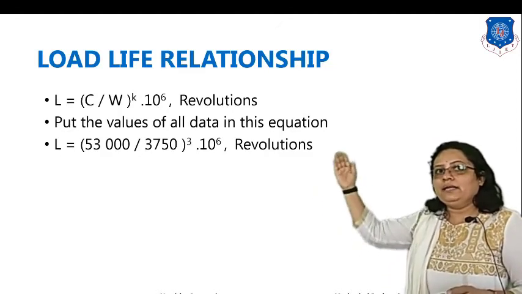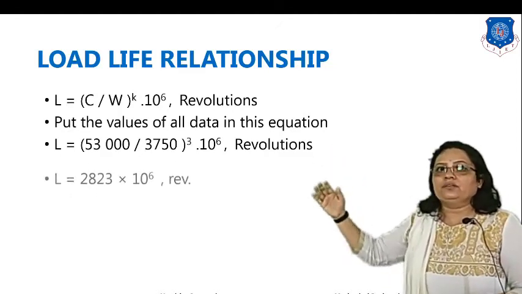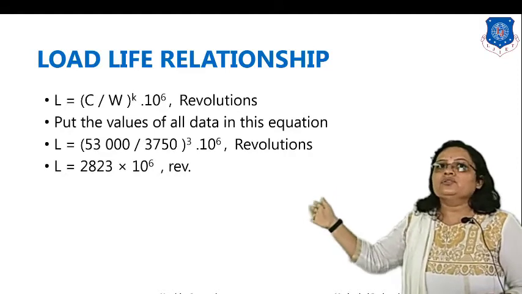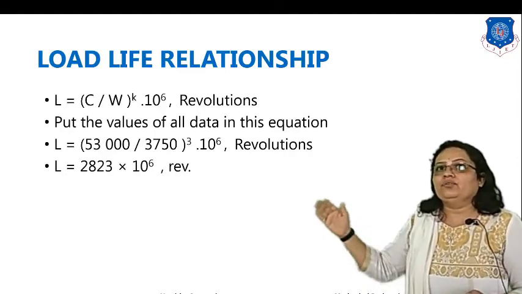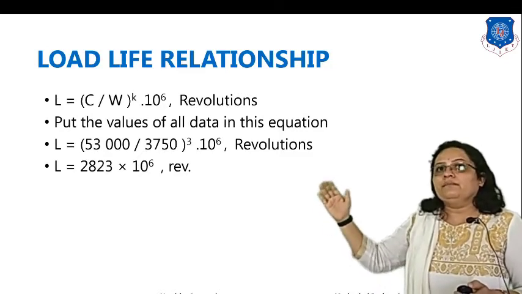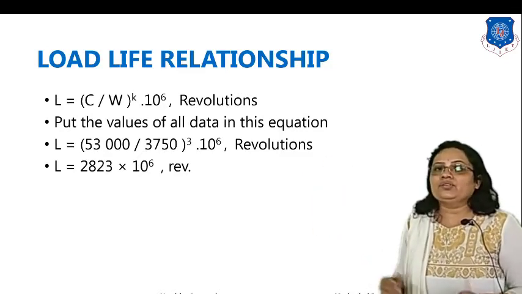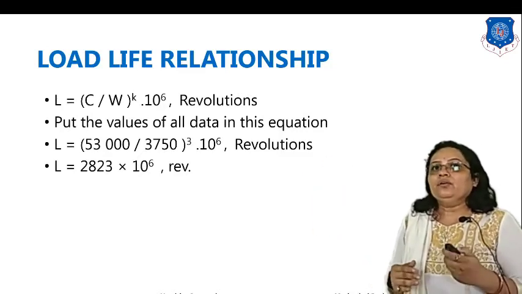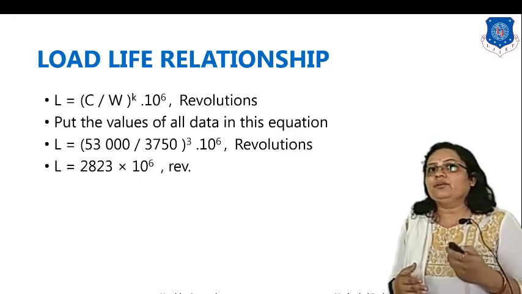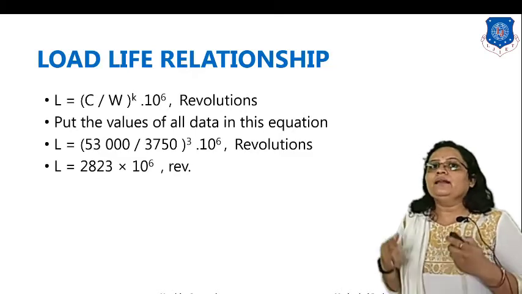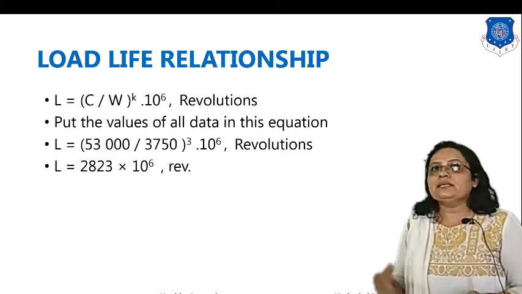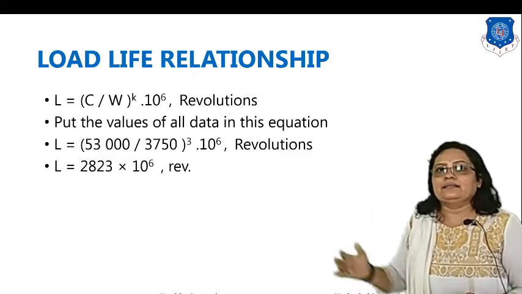And multiplied by 10 to the power 6 revolutions. When you solve it, you will get the rating life of the bearing equal to 2823 multiplied by 10 to the power 6 revolutions, or you can say 2823 million revolutions. So this is your final answer.